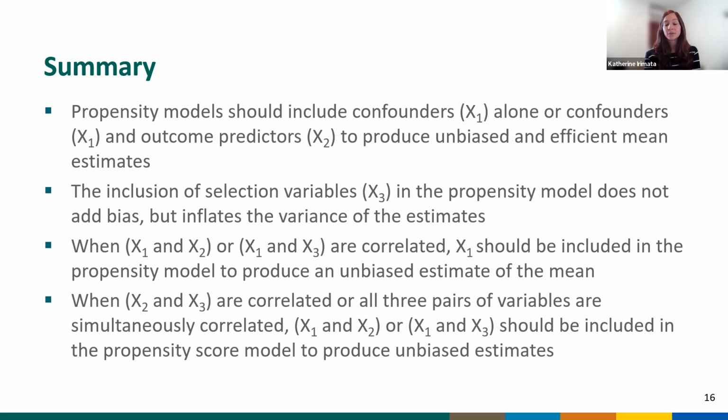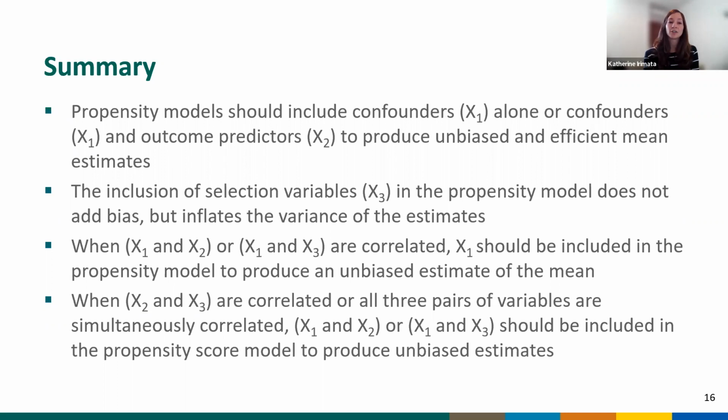Generally, including selection variables, these are variables that are only related to whether or not someone participated in the web survey or the non-probability survey and aren't related to your outcome, won't add bias, but it will inflate the variance of your mean estimate.